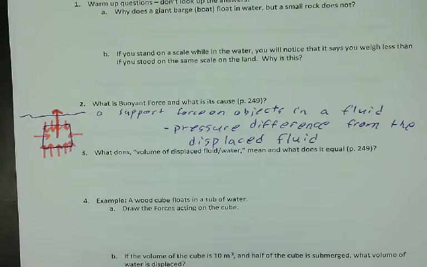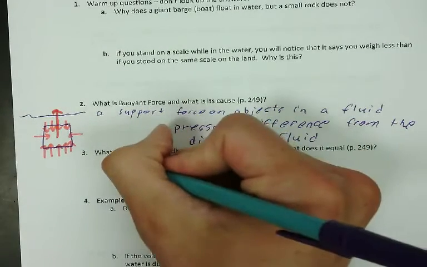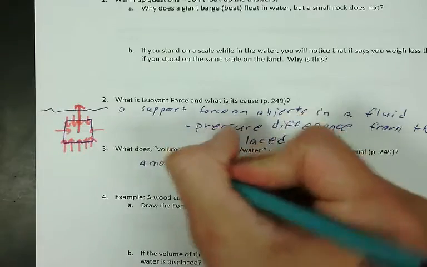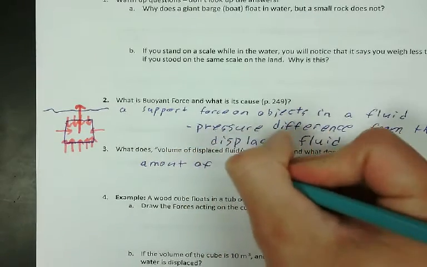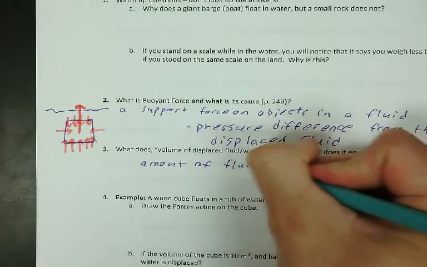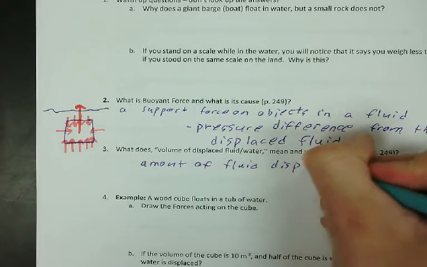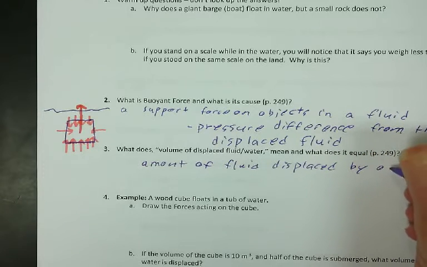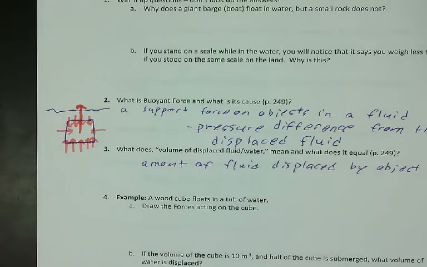So what is the volume of displaced fluid, what does it mean, and what does it equal? The volume of displaced fluid is in cubic meters. It's the amount of fluid displaced by the object. So what does it equal?